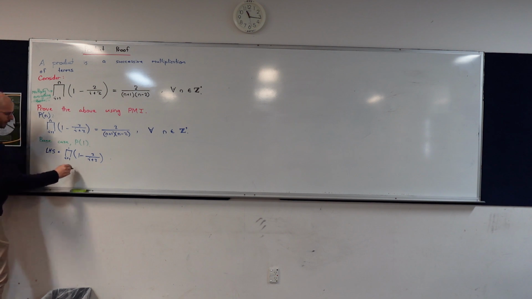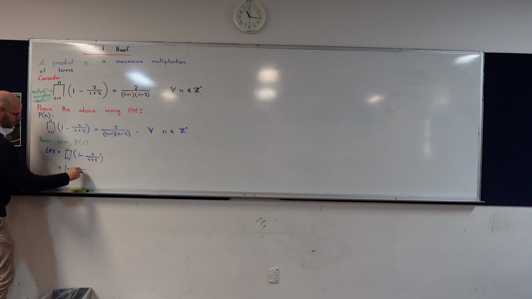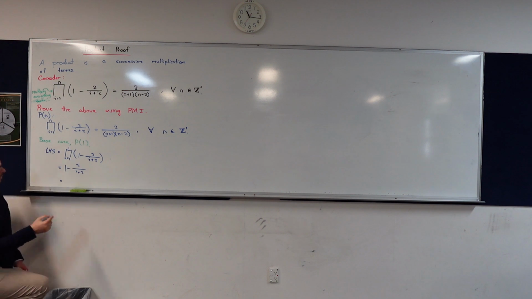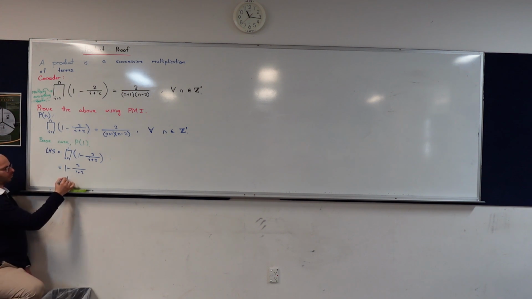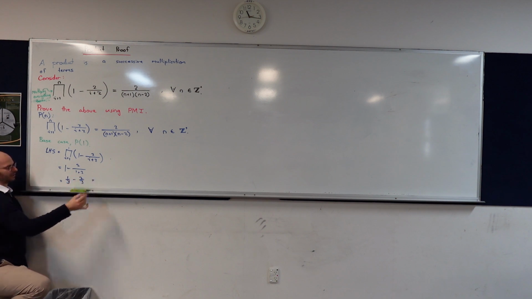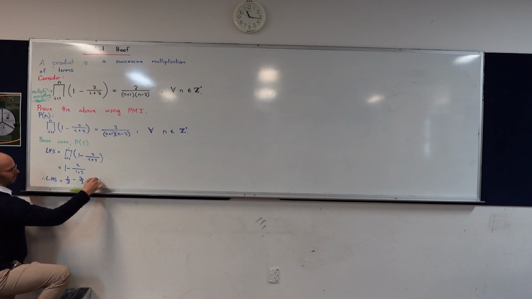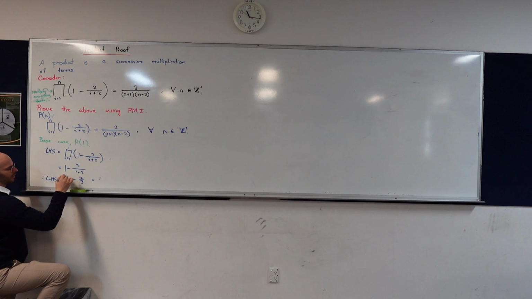It's going to be 1 take 1 plus 2 all over 2. And then this is 3, so it's going to be 1 over 3, take 2 over 3, and that's just 3 over 3.